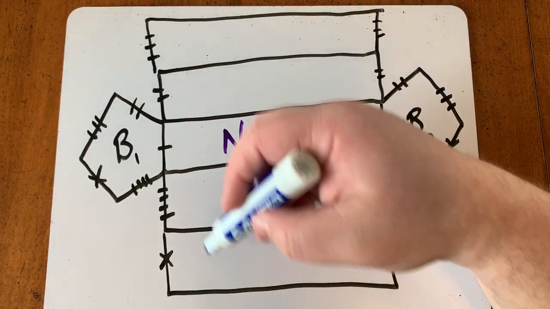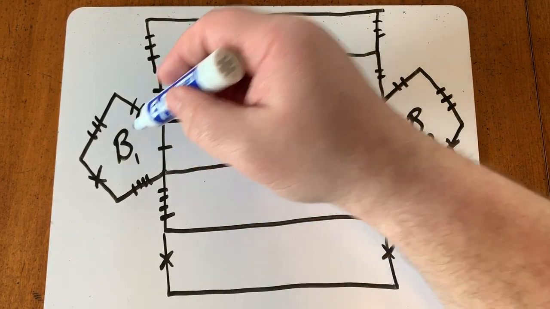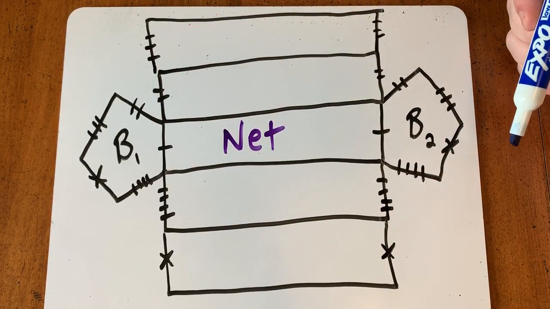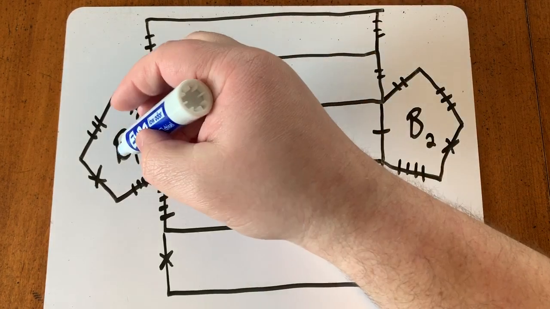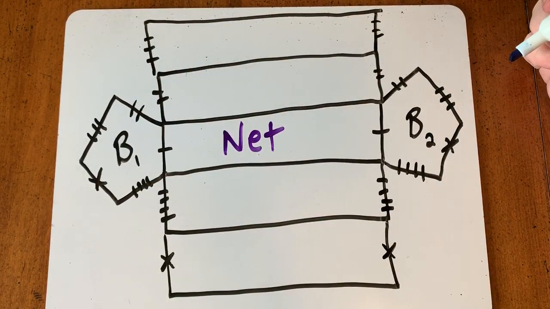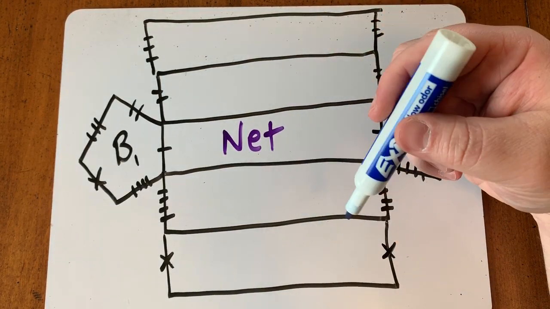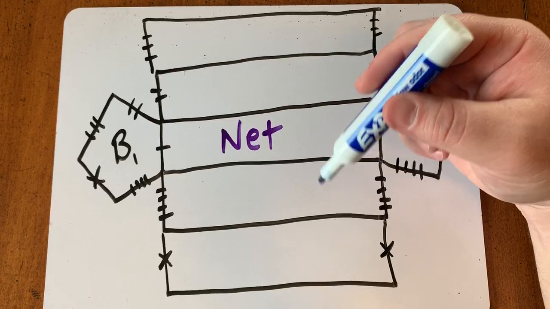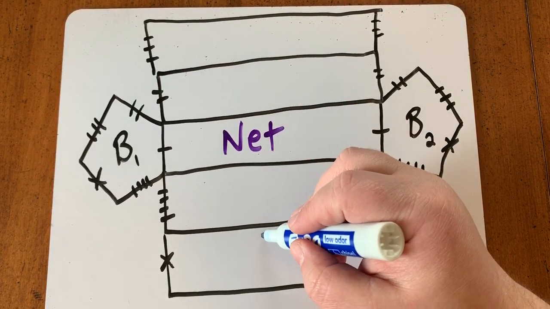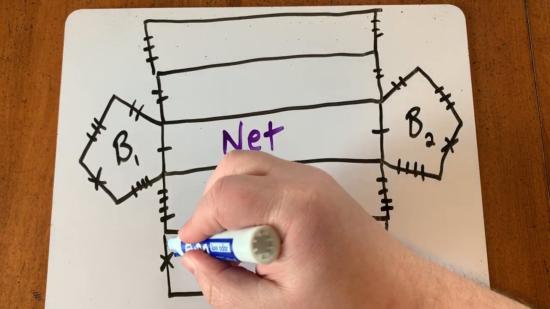And every prism can be organized like this, as a stack of rectangles, and then the two bases on either side. This base area and that base area are the same. But these rectangles are not necessarily the same. But what is the same about them is their height.